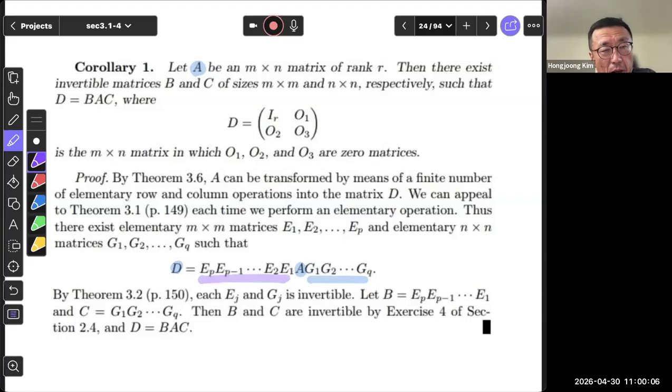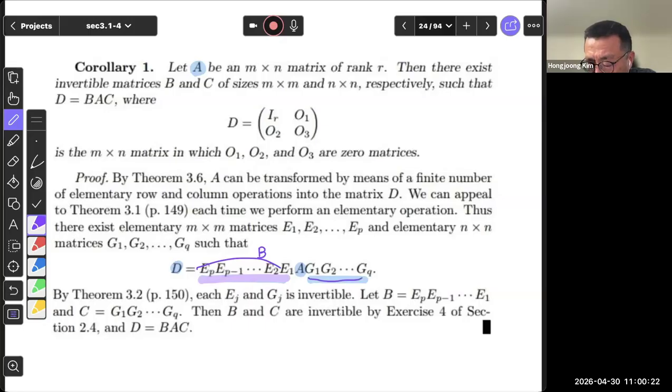So if you multiply invertible matrices, you get an invertible matrix. So if I call this guy by B, and if I consider this product on the right, and if I call this product by C, then B and C will be invertible, and D can be obtained by multiplying this B and C to A from the left and right.